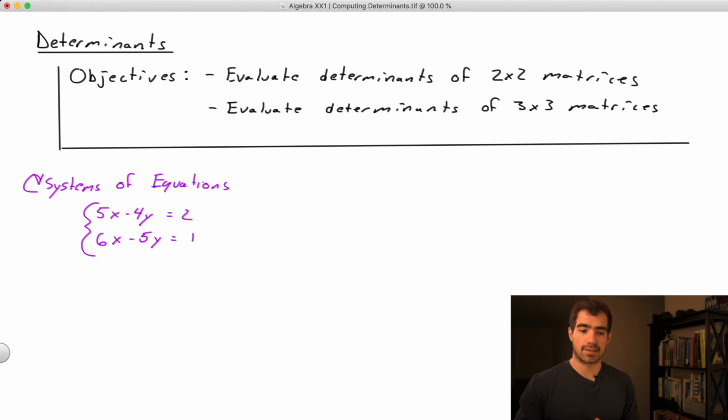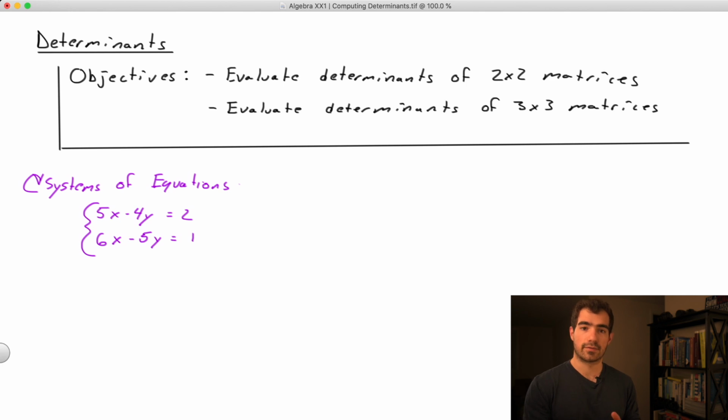And as a system, in the same way a single equation with a single variable has a single solution that makes the equation true, right? Makes both sides of the equal sign actually equal. This system of equations has a pair of solutions, an x value and a y value, that when plugged into both will make both of the equations true, right?